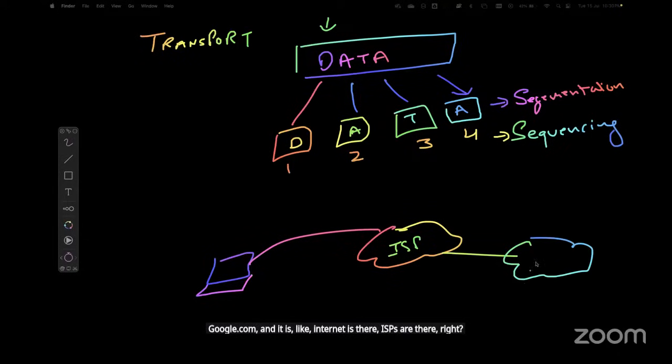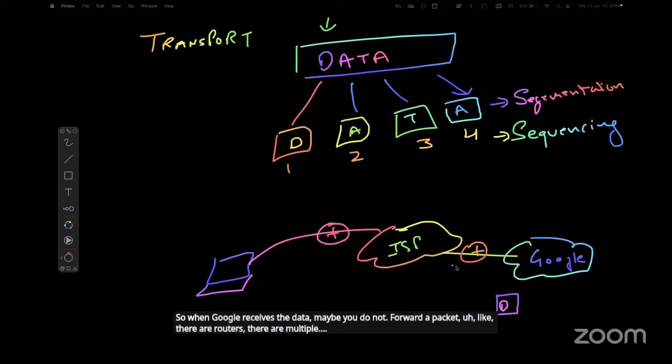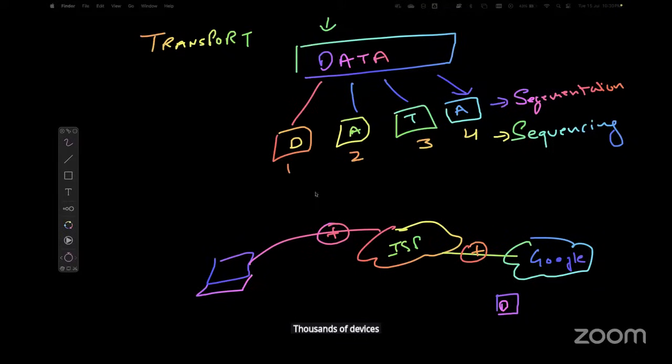When the data is received by Google, maybe the packets do not arrive in order, as there are routers, multiple thousands of devices. So you receive a D, then a T, then an A, then again an A. So what happens when Google gets these packets?